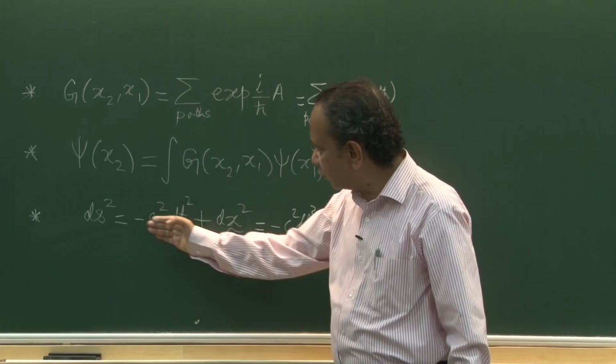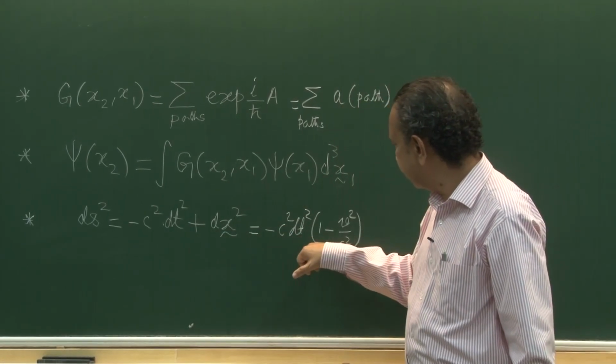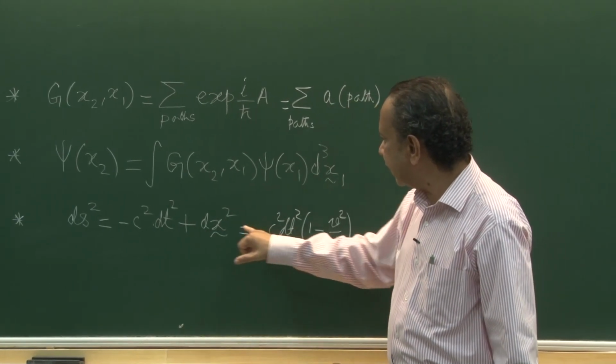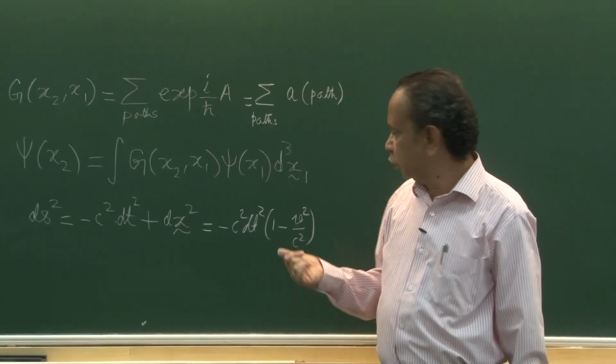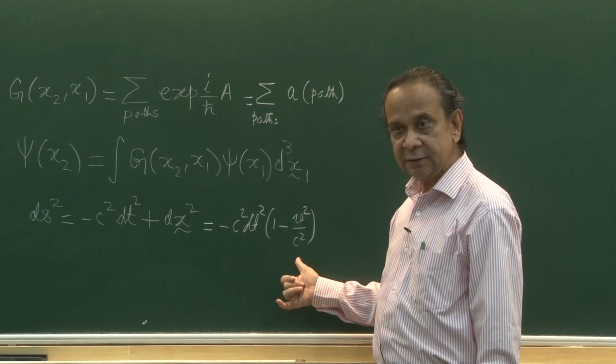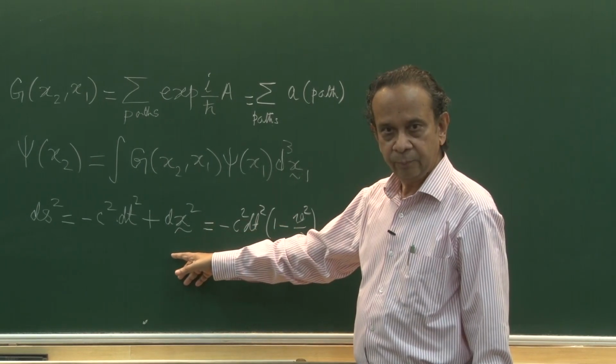I am pulling c square dt square outside, that will give you a minus sign here. The first term is this. After the minus sign, I have a v square. What is v square? v is dx by dt. So this c and this c cancel. dx square by dt square multiplied by dt square will give you this.